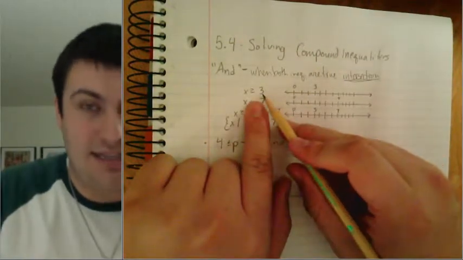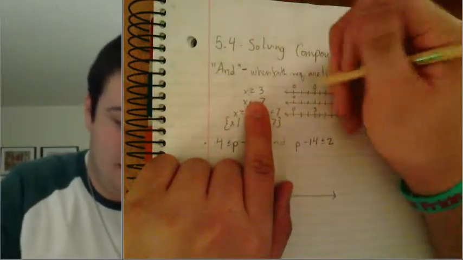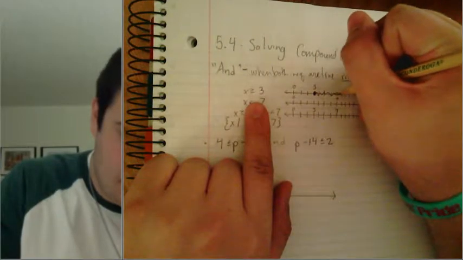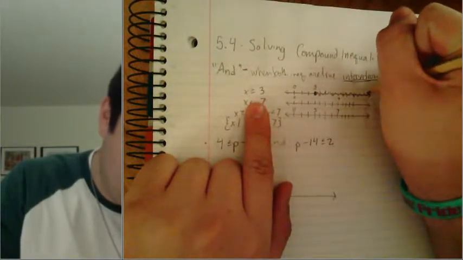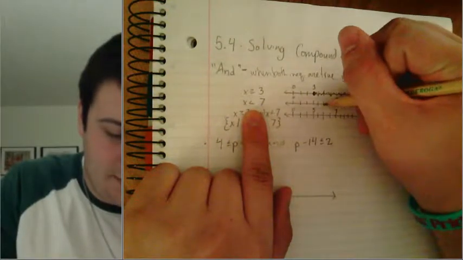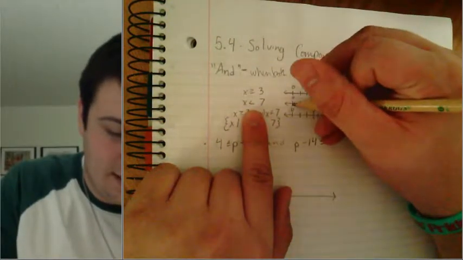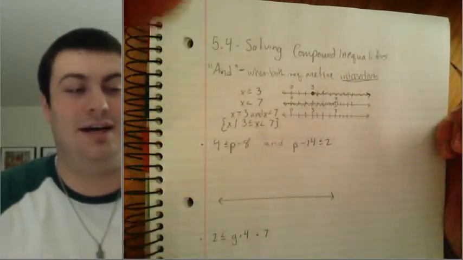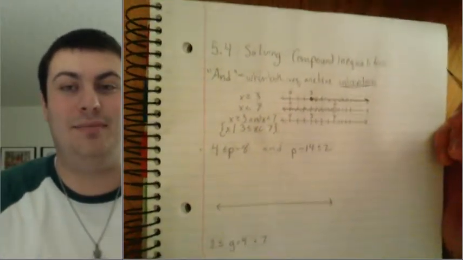So if we took x is greater than or equal to 3, we're going to go on 3 with a closed circle and shade in the positive direction. And if we said x is less than 7, so open circle on 7, shade less than, we want the intersection, which is where these graphs overlap.